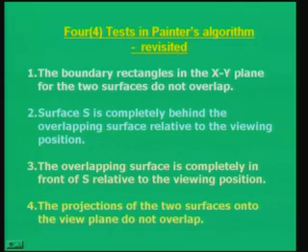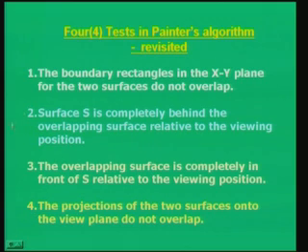And then if test 2 fails, then we go to test 3, which says that the overlapping surface is completely in front of S, the S which is going to be rendered, relative to the viewing position. Okay. If again test number 3 fails, we go to test number 4, which says that the projections of the 2 surfaces onto the view plane also do not overlap.